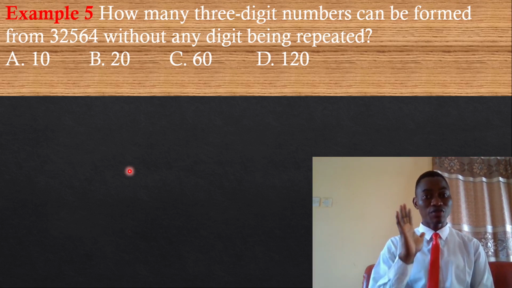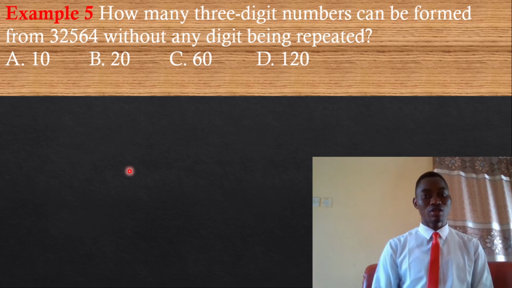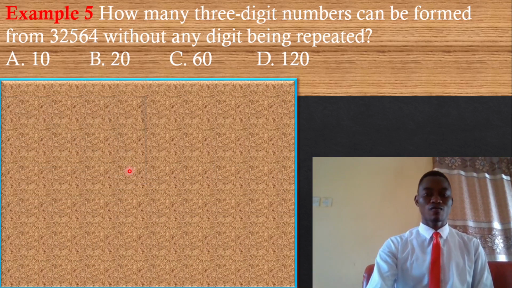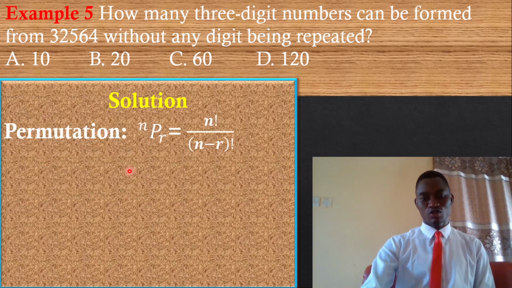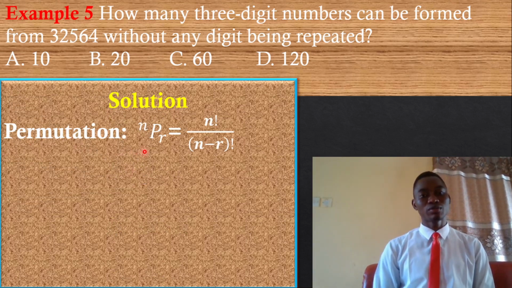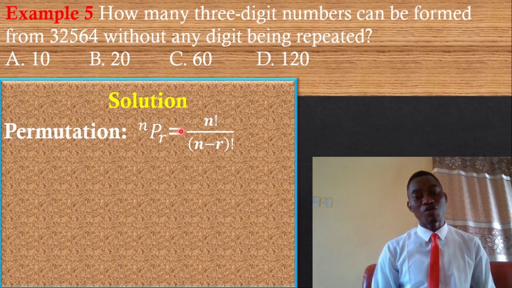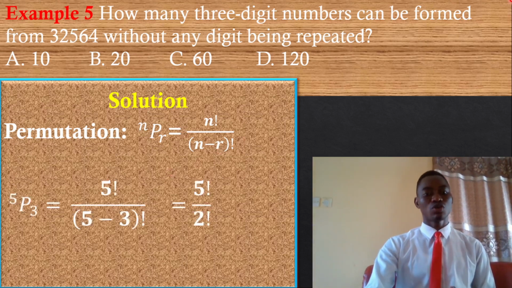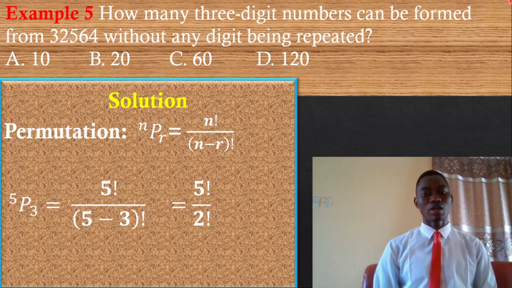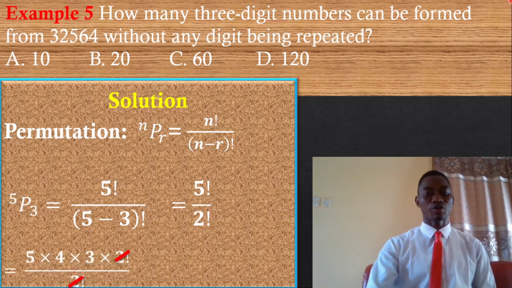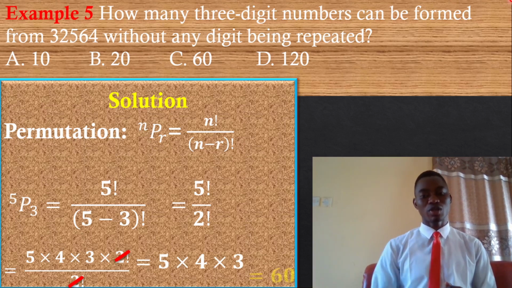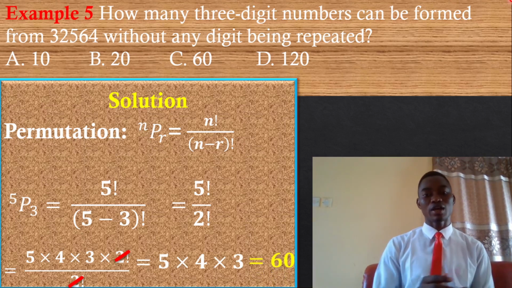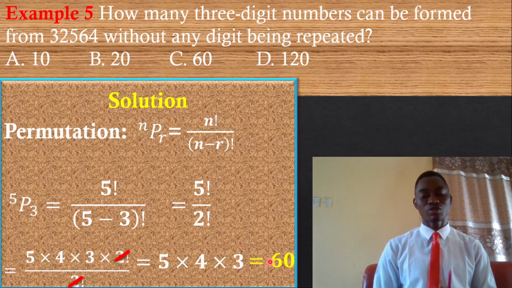Let's look at the solution. We recall our formula as usual: n permutation r is equal to n factorial over (n minus r) factorial. Our n is 5, then our r is 3, and that gives us 60 as we got earlier. It's very, very simple, not hard at all.